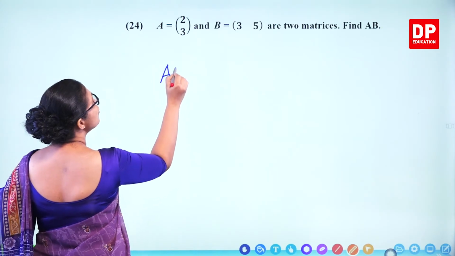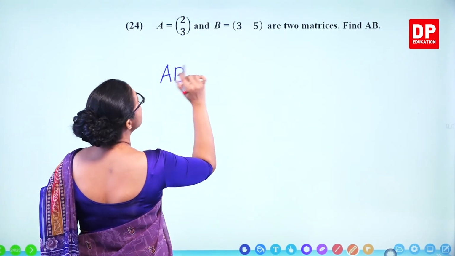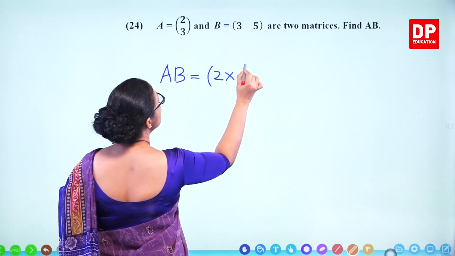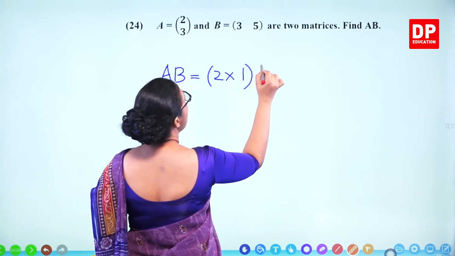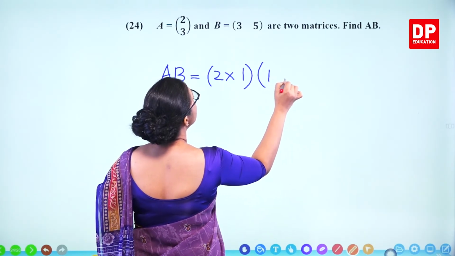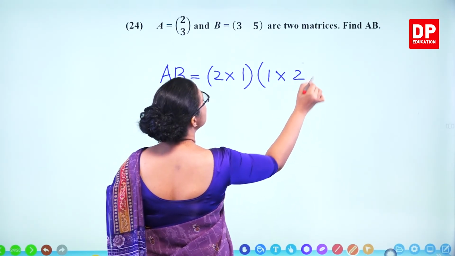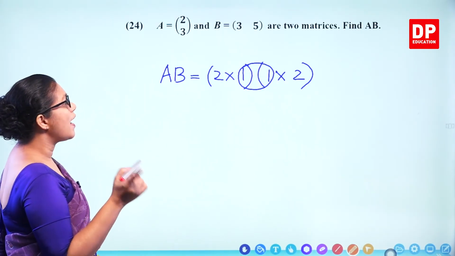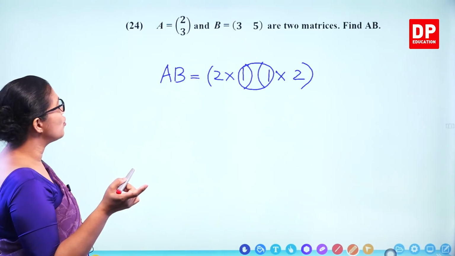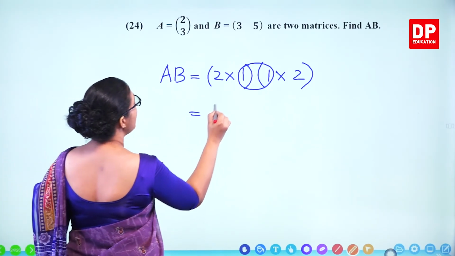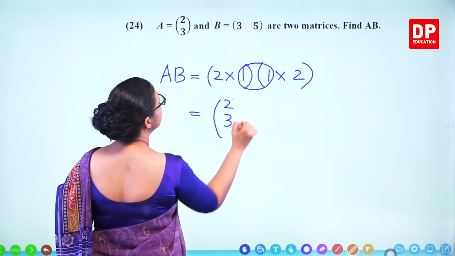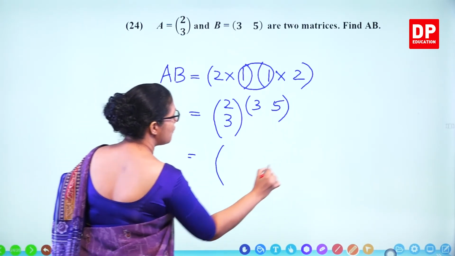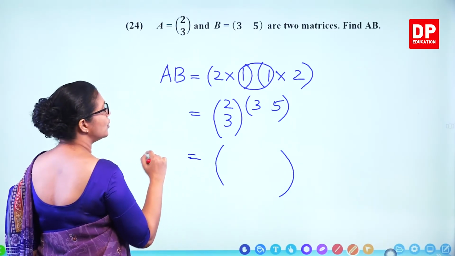So first you need to check whether order is okay. This is 2 times 1, 2 rows and 1 column. And the other one is 1 row and 2 columns. That's okay. So these two are equal. So the final matrix is 2 by 2. So we'll multiply 2, 3, 3, 5. So you get 4 values, 2 by 2.